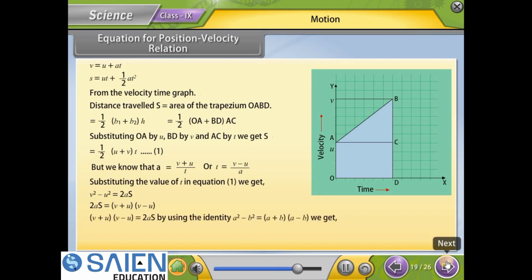By using the identity a square minus b square is equal to (a plus b) into (a minus b), we get V square minus U square is equal to 2as. This is the third equation of motion.